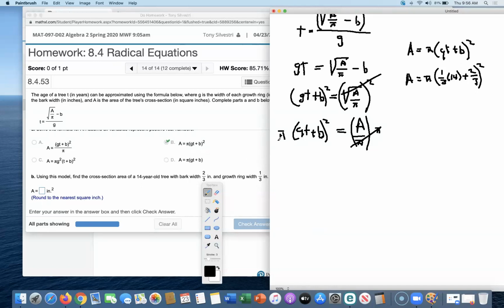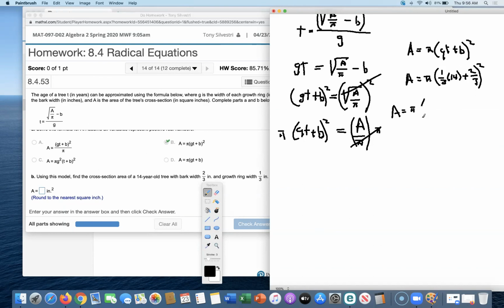Round to the nearest inch. Here's where you use your calculator. A equals, I'll leave the pi where it is because I have that on my calculator.